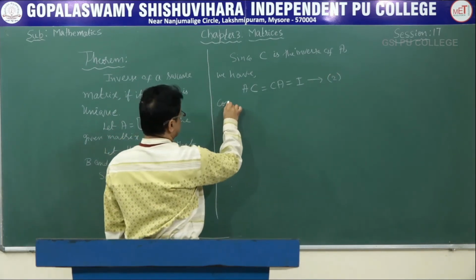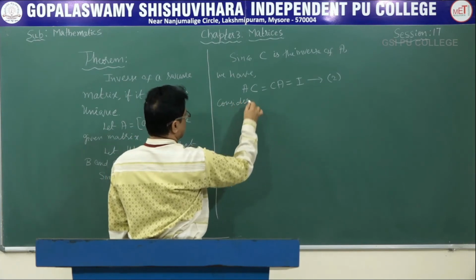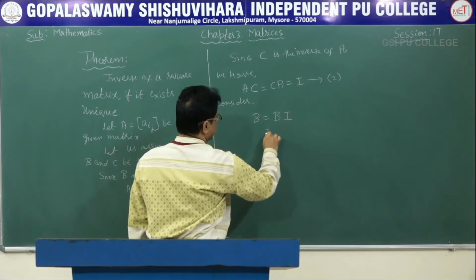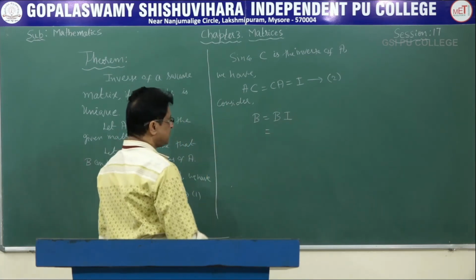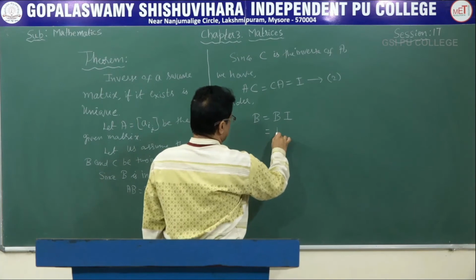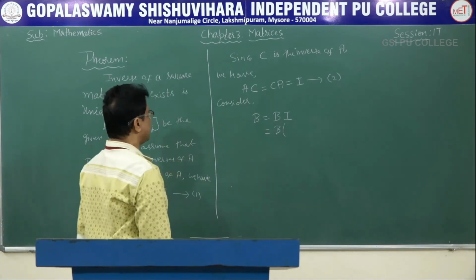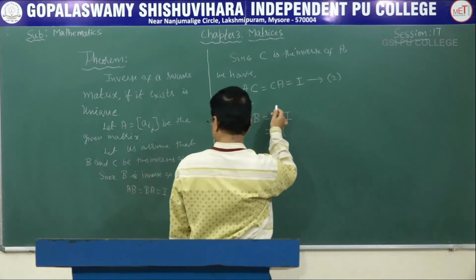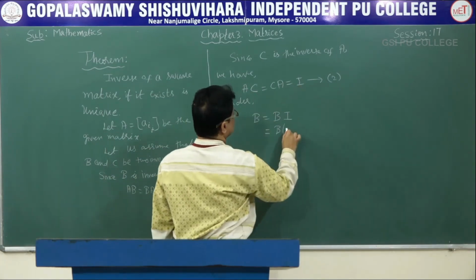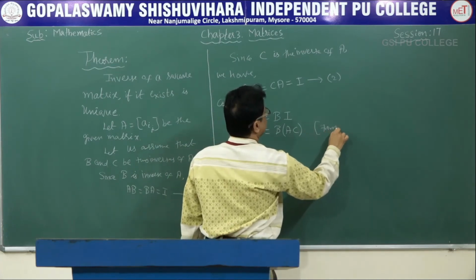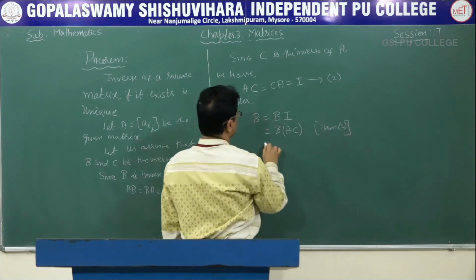So consider B equals B into I. So B into I can be written as B into A into C. This is from equation 2.